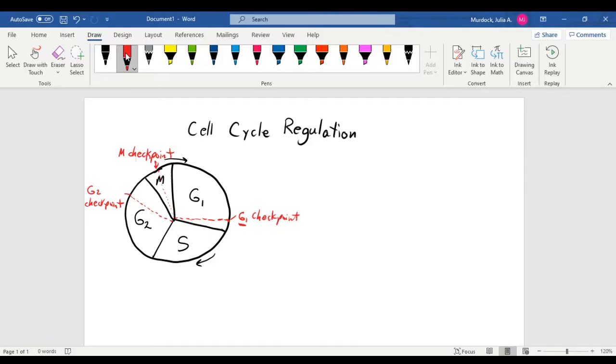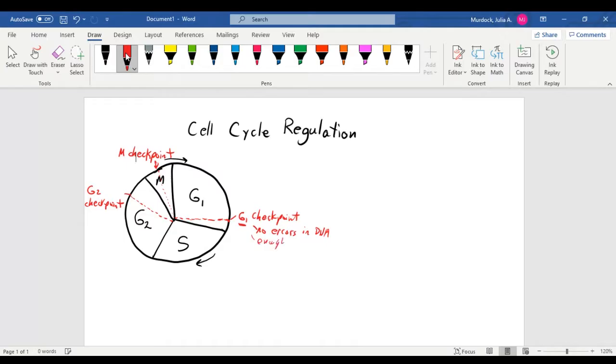It's going to check that there are no errors in its DNA, right? And you may remember this from the pear deck. The other thing it's going to want to check is: are there enough nutrients around to support division?